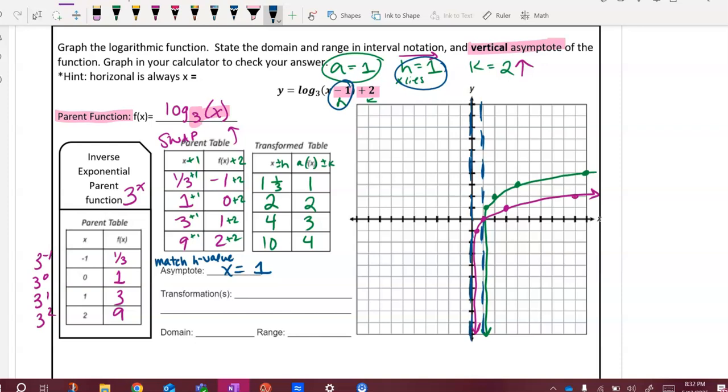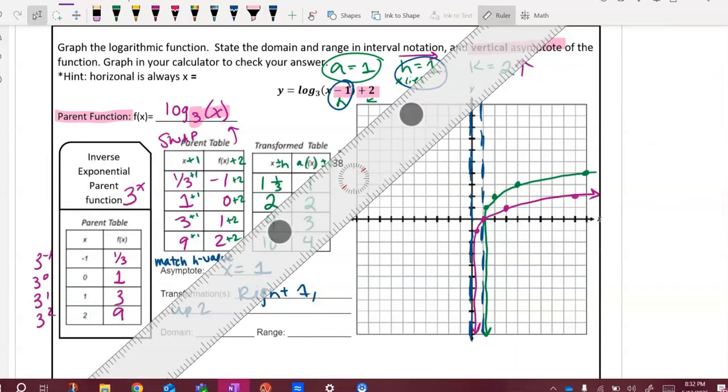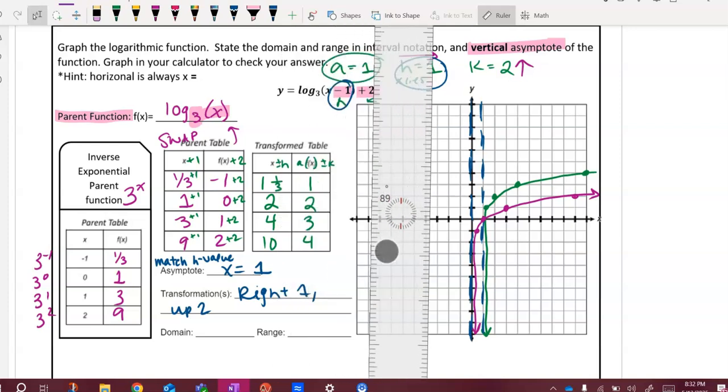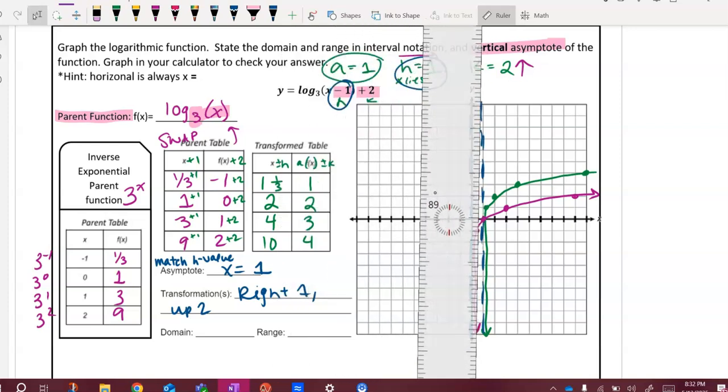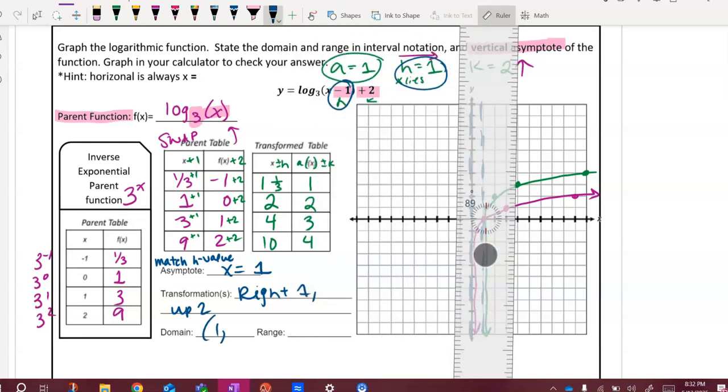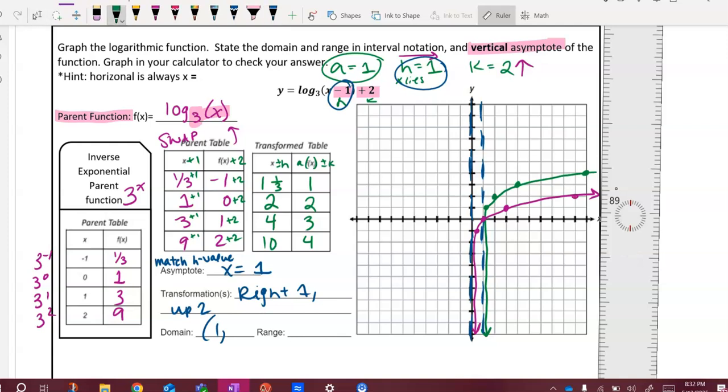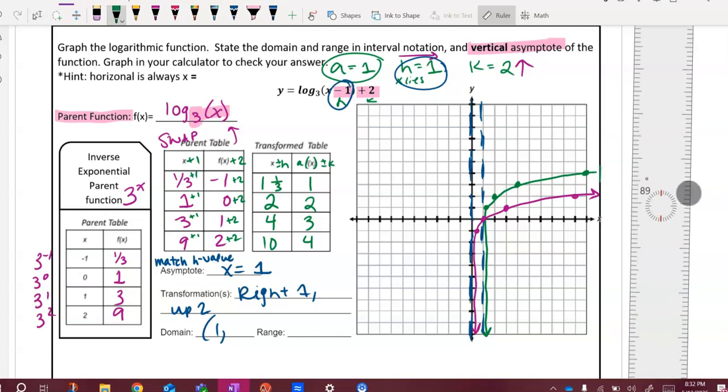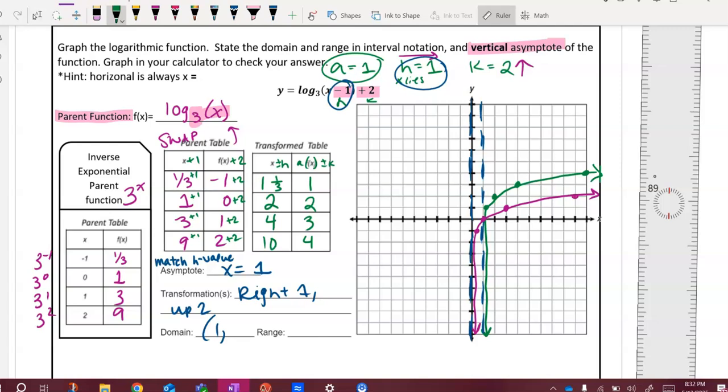So the transformations, we just said we went right 1 and up 2. Domain, x values from left to right. What is our furthest left x value? It's that asymptote of 1. And as we go to the right, our graph is continuous, infinitely continuous towards infinity.